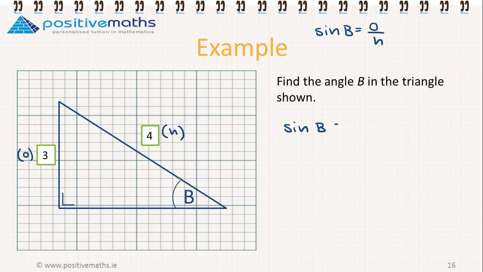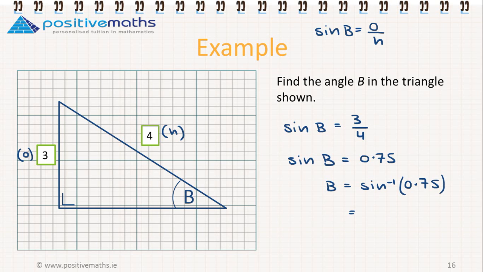So the sine of B is equal to 3 over 4. So the sine of B is 0.75. And then the next line is going to be B equals sine inverse 0.75. So B is equal to 53.9893. Again, to the nearest degree, that's 54 degrees.